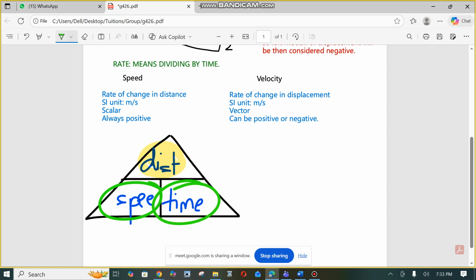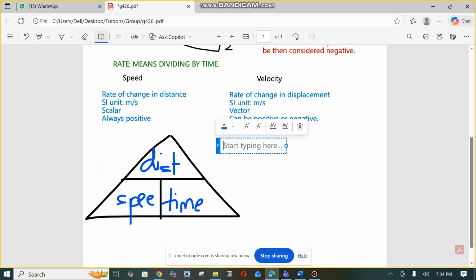So distance is speed times time. Whereas when I talk about calculating time, it gets distance divided by the speed. The distance being on the top becomes the numerator, speed being on the bottom becomes the denominator.